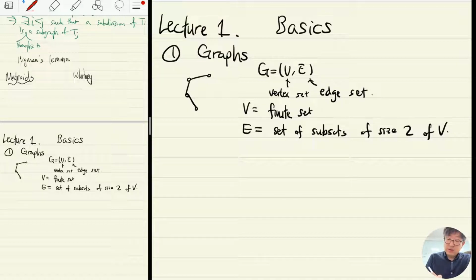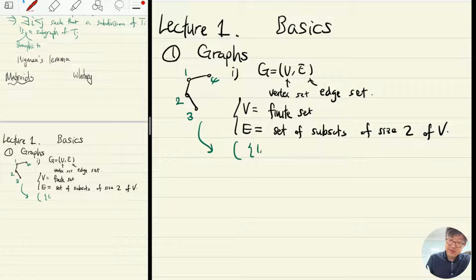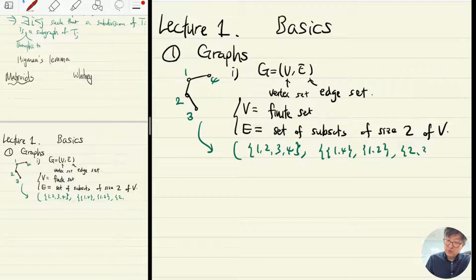If this is our definition, then let me give an example. Let's say this is 1, 2, 3, 4, represented by a pair of the finite set 1, 2, 3, 4, and you have edges like 1 4, 1 2, and 2 3.